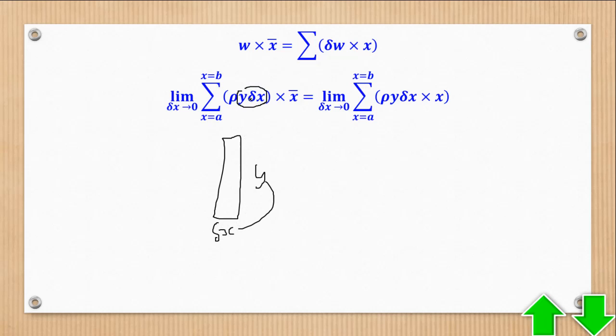But remember, we said a lamina has a uniform weight per unit area. So if rho is the weight per unit area and I have the total area, I can multiply the two to get the total weight, which is that. For this other side, you only deal with each strip. So it's the weight for one strip times its corresponding x-coordinate, and you sum up all of them from x equal to a up to x equal to b.